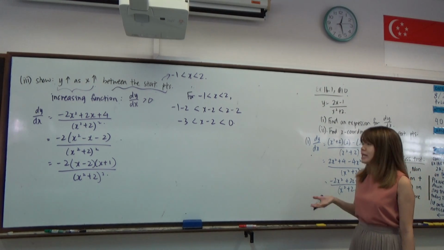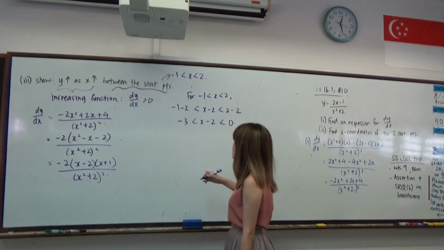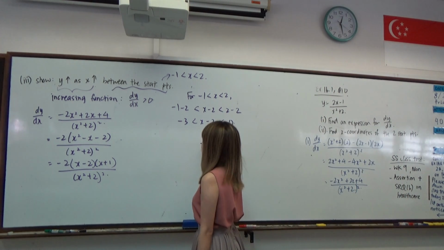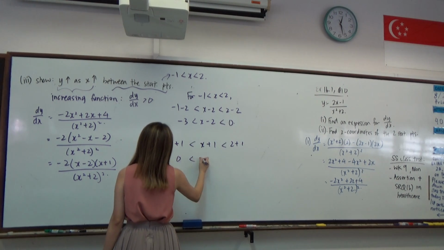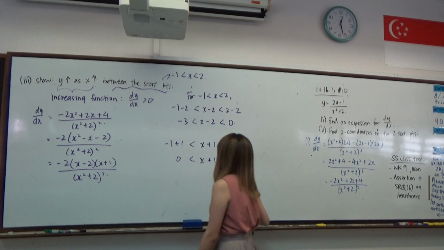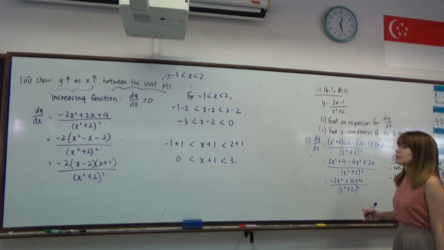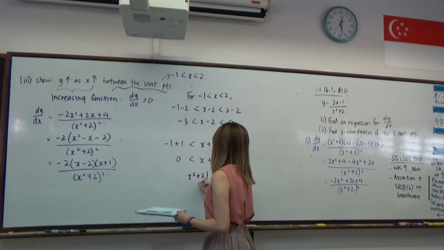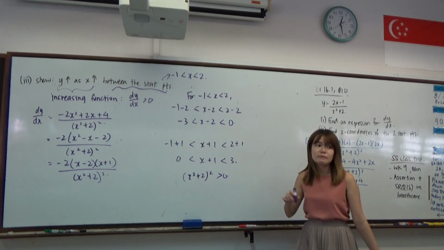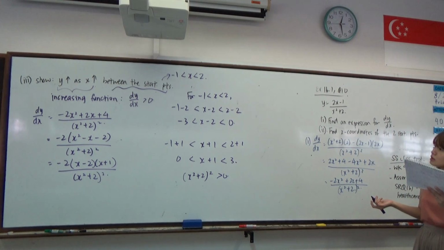Or rather, it will be negative between -3 and 0. Then if I look at x plus 1, it will be less than 3, but it will still be positive. Then for x squared plus 2, it will surely be positive since there is a square in it.